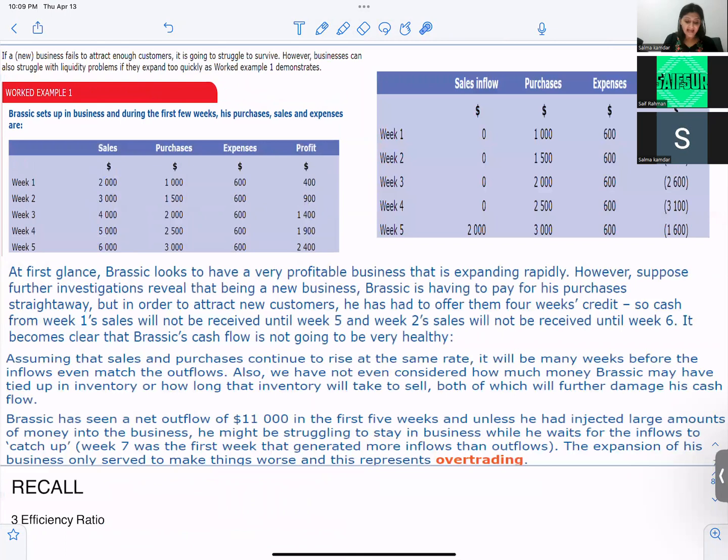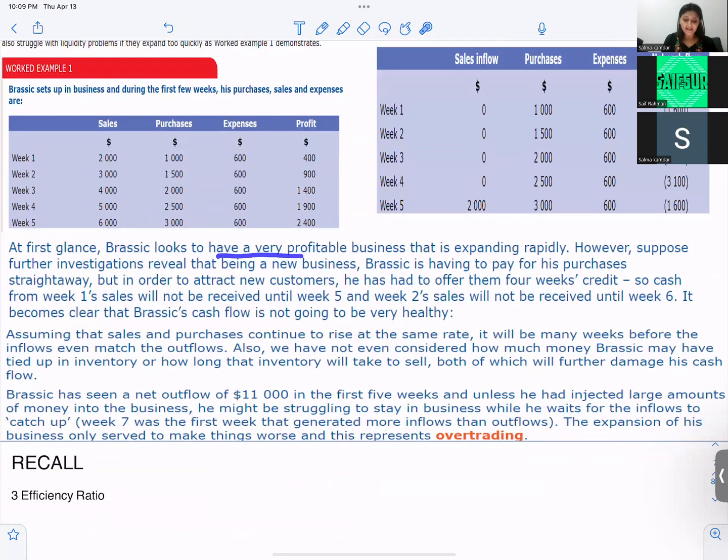At first glance, it looks like a very profitable business that is expanding rapidly. Do you also feel that? However, when I did the further investigation, I got to know that I pay for purchases immediately, but you had to give credit to your customers. So you were receiving week 1 sales money in week 5, and week 2 sales money would be received further on.